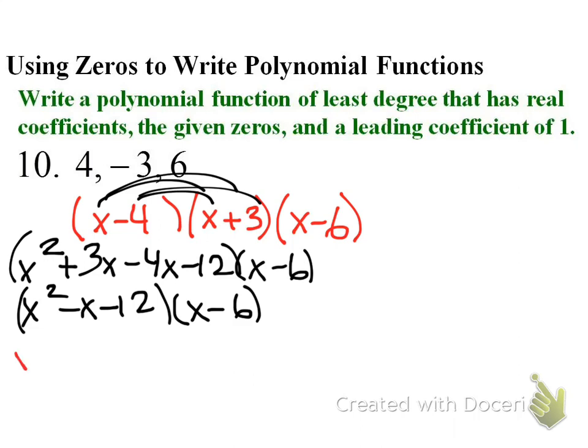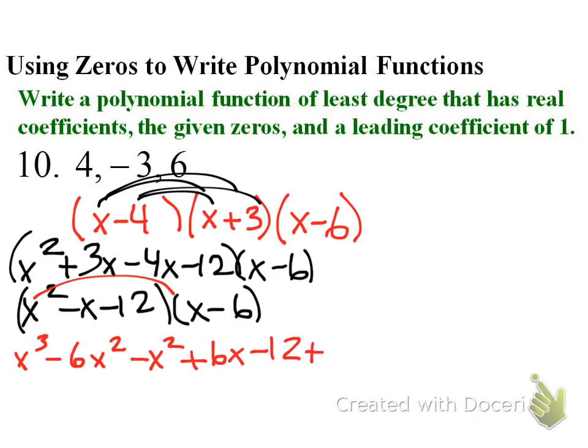Distribute again. So now you have an x to the third minus 6x squared minus x squared plus 6x minus 12x plus 72.